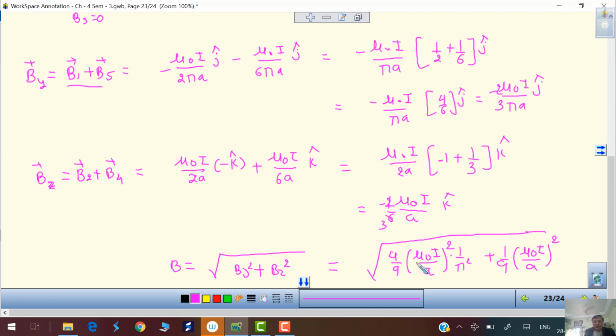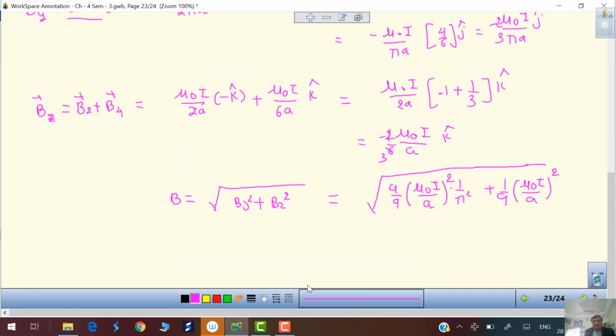So this you can now take common, μ0 I upon a common, 9 is also common. So I get μ0 I is common, root of 9 comes out common, so it is 3. Inside the square root, 4 is there upon pi square, and plus 1.